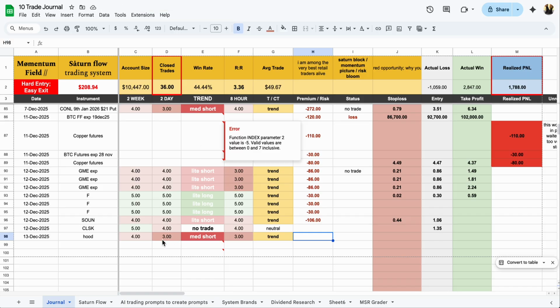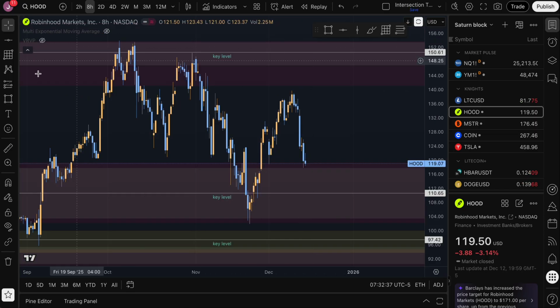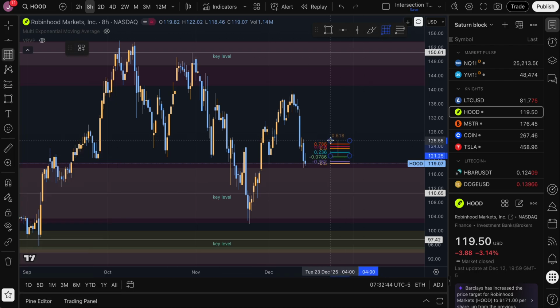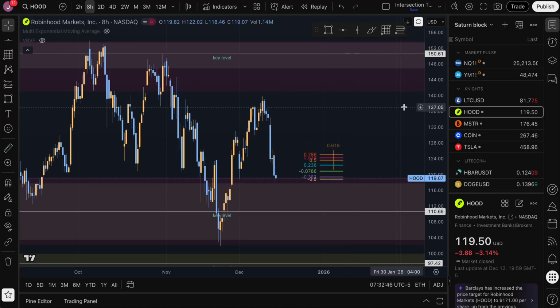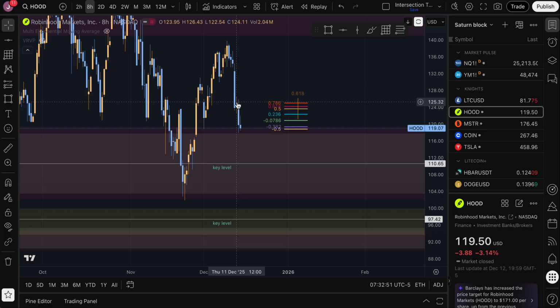Since we have determined this is a medium short, we're going to draw our risk reward boxes. But first, I'm seeing a short. So it's short from here, which could be seen as a key level, down to the actual key level.